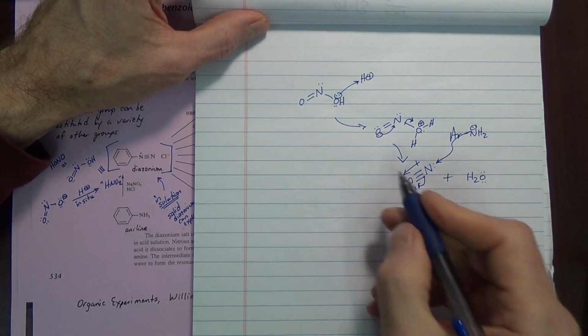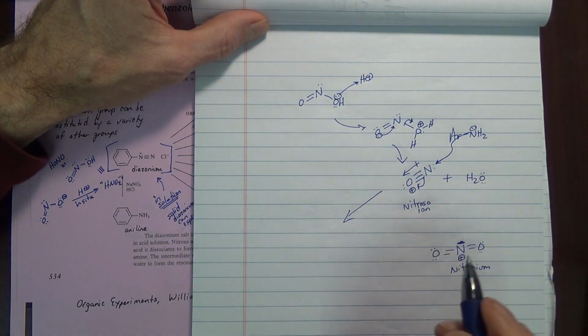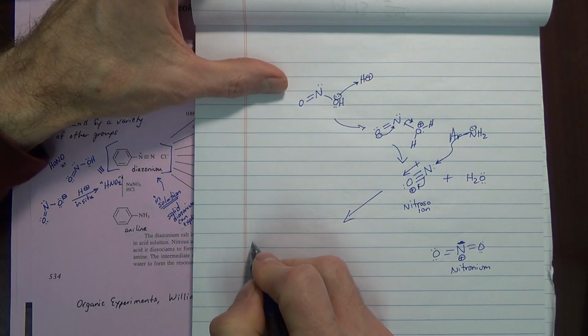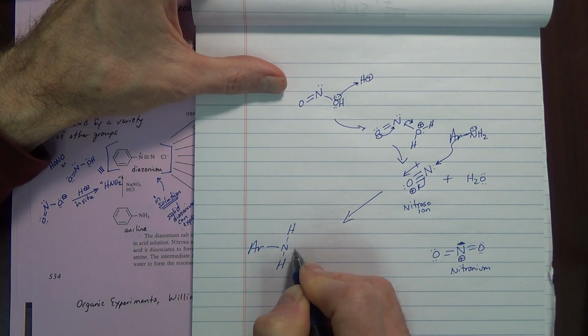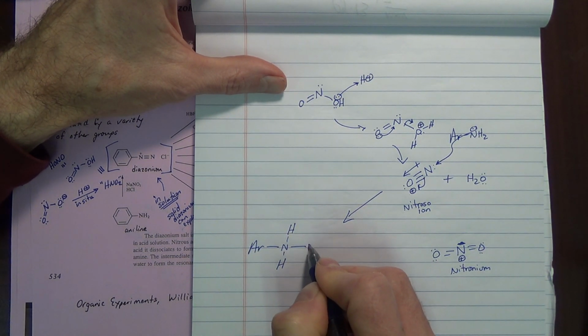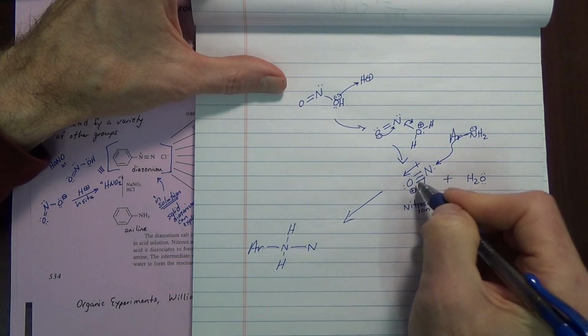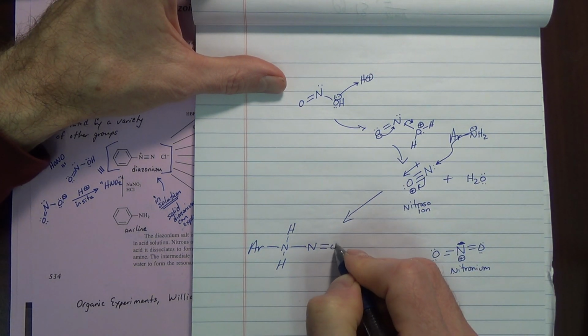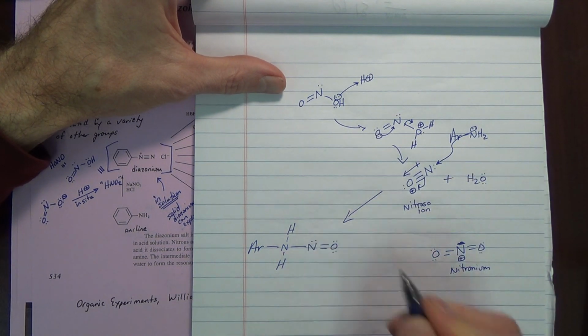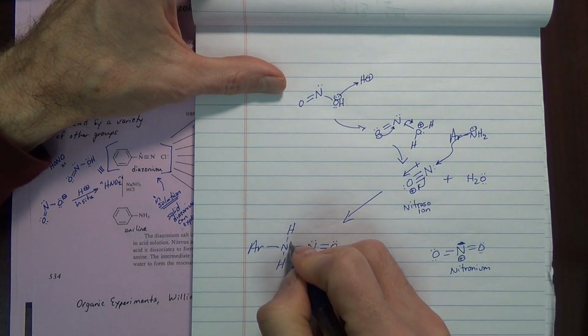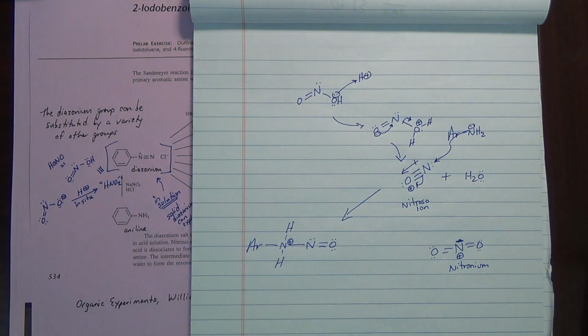So the nitroso ion is electrophilic. I'm going to have my arrow this way. And so it attacked the nitrogen, double bond remaining here. Oxygen should now have 2 lone pairs. Nitrogen still has 1, and this is positive.